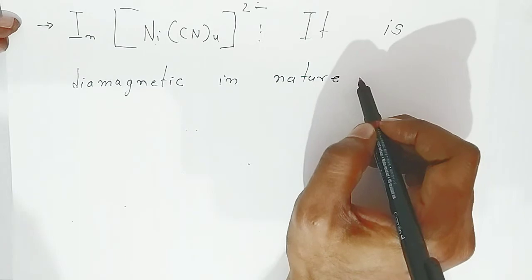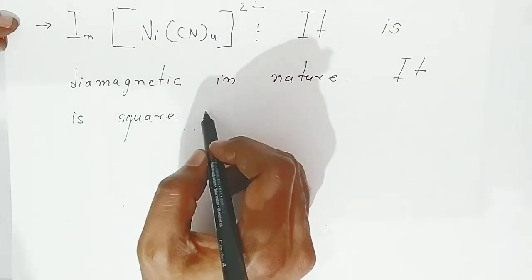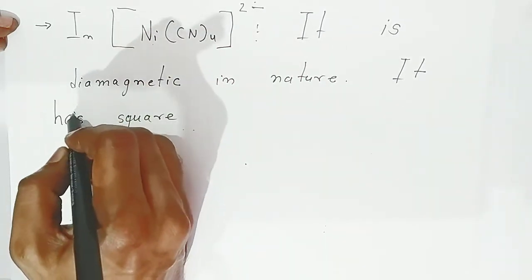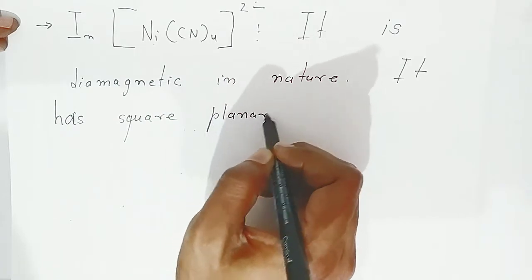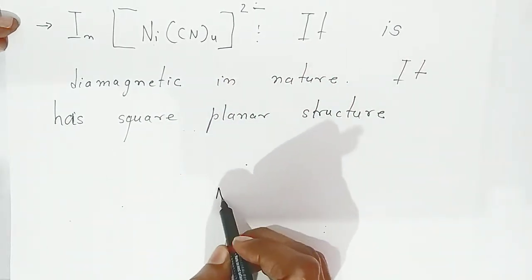Because it is dsp2 hybridisation, it has a square planar structure. So students, you can write that it has a square planar structure. Nickel will be at the center.